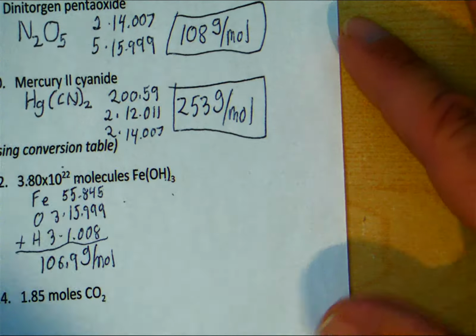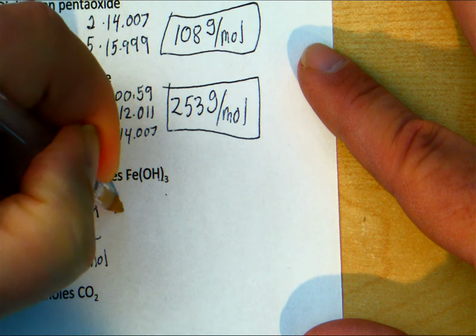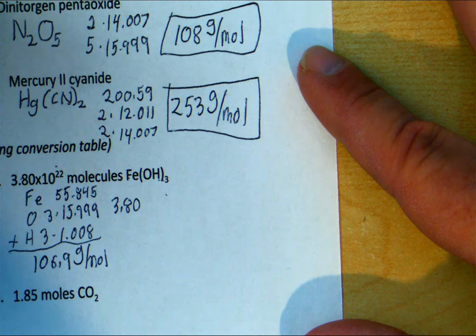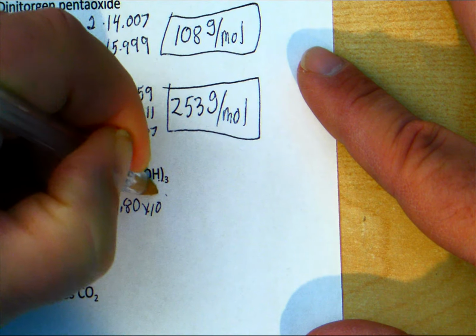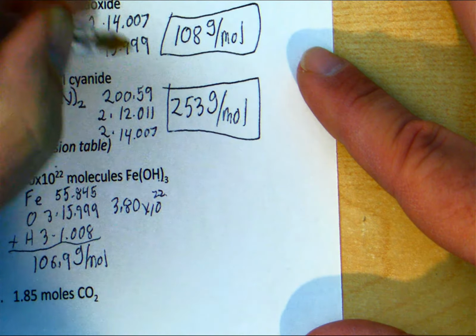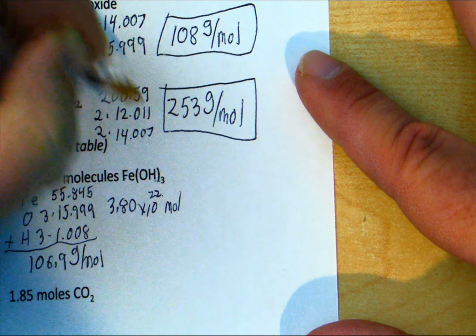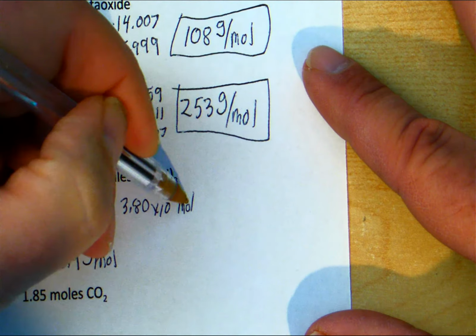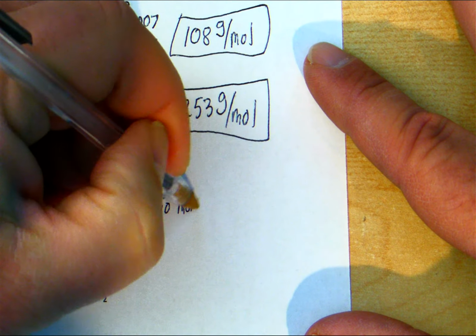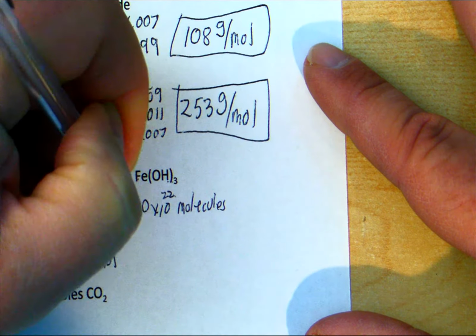So if I start with 3.80 times 10 to the 22nd power molecules, that's not moles. I don't want to abbreviate it, MOL. That would be wrong. Molecules.